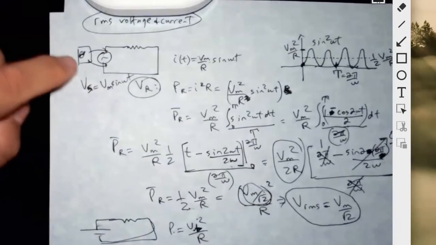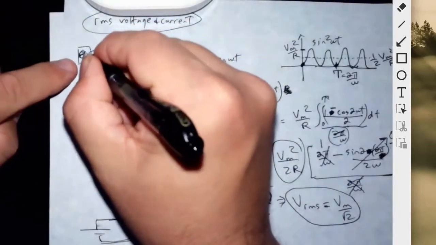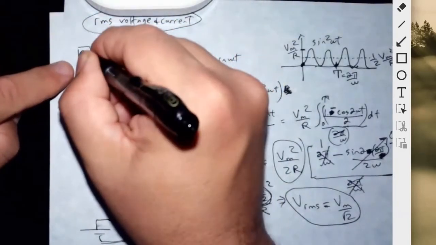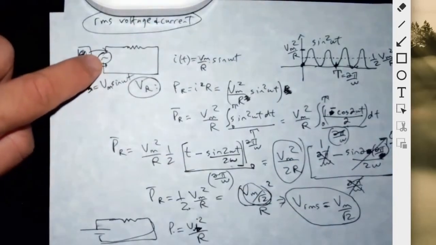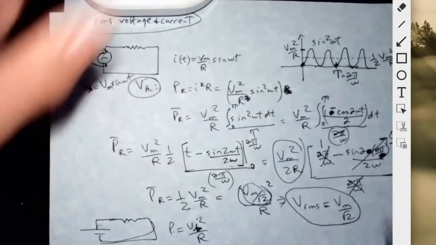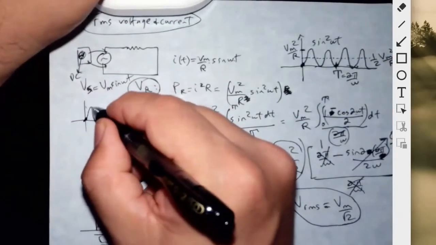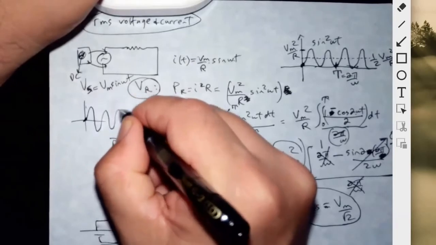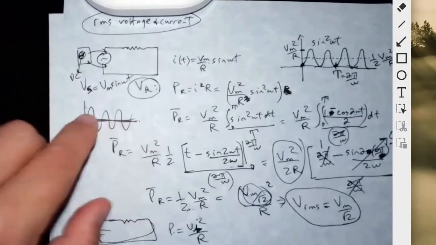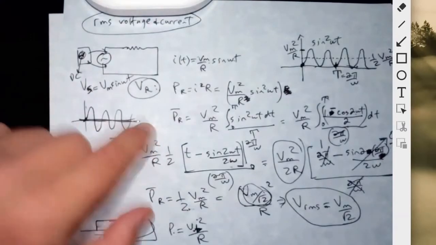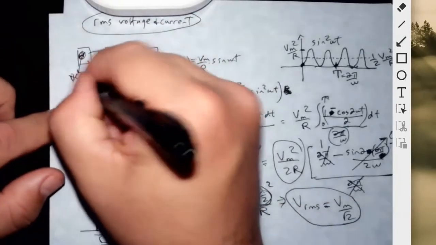So if you put this on DC mode and put it across the source, it's going to show you 0, because it's just going to take the power like this and average it out, and it's going to say 0. So that doesn't mean anything, right? So you have to put it into AC mode.